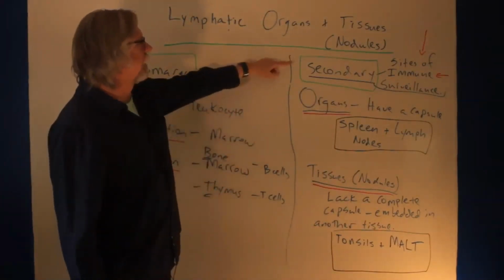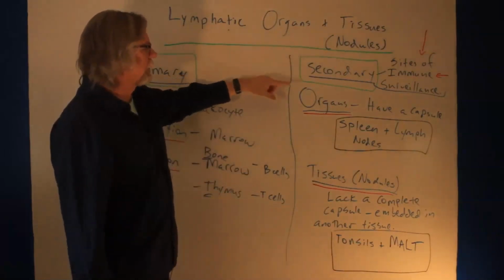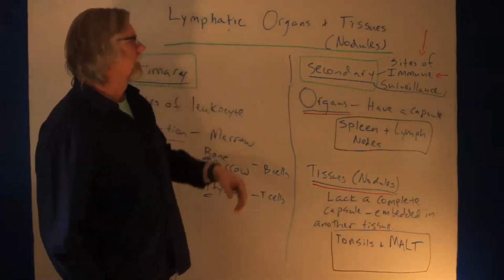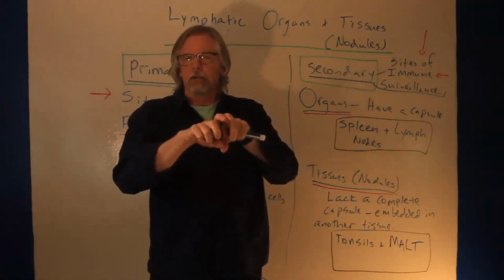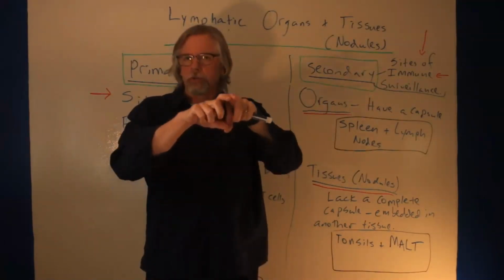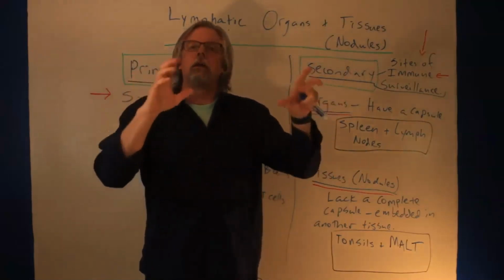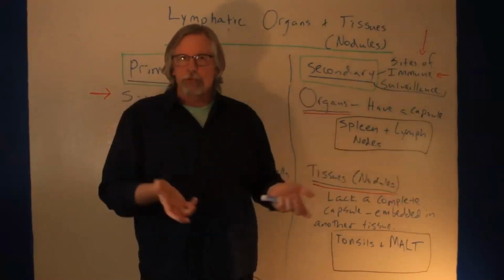So the secondary lymphatic organs and tissues you can break them down into the organs. The secondary organs are defined as structures that house mature immune system cells that have a complete capsule. So they're discrete structures and they are encapsulated.